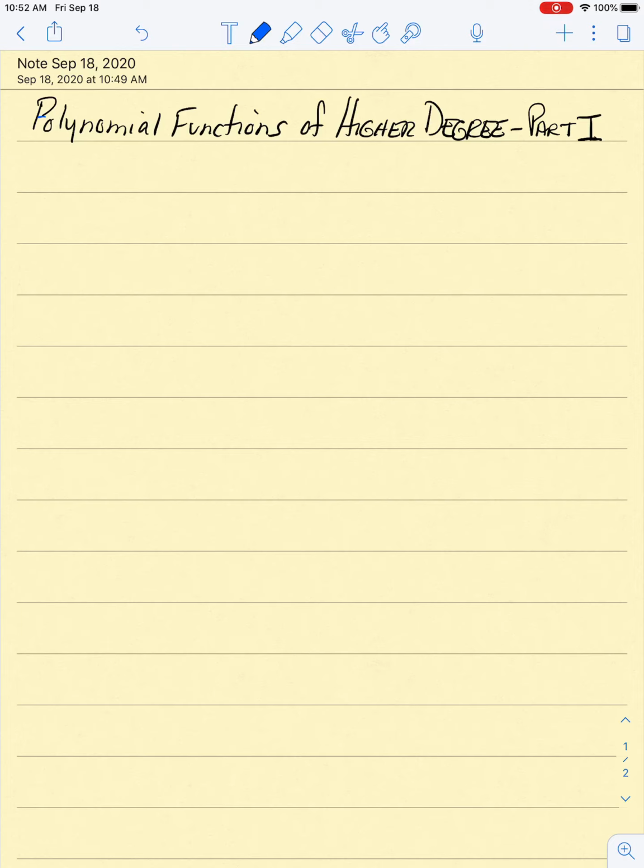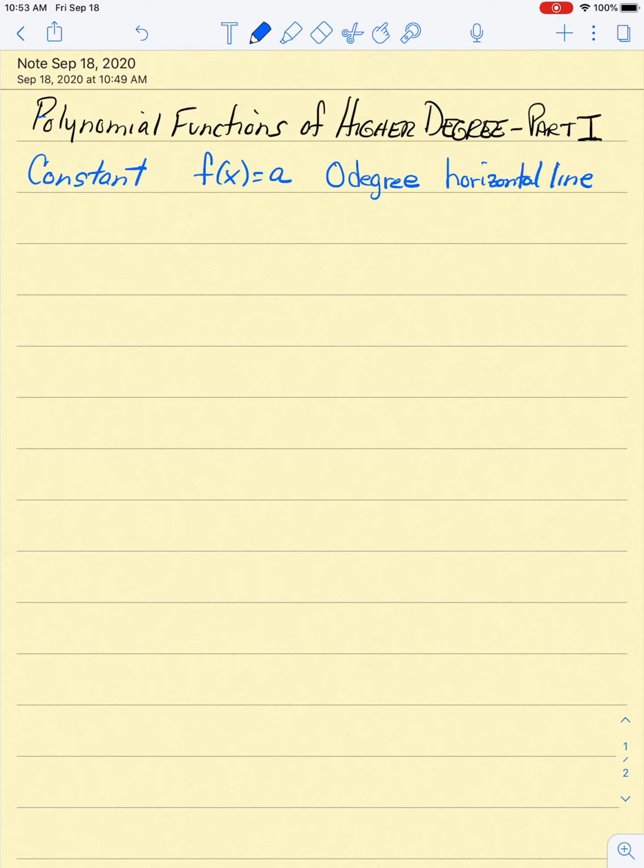Okay, so I need you to remember words like what is a constant as it pertains to a polynomial function. That might look like f of x equals a. It would have 0 degree, and graphically, you would see it as a horizontal line.